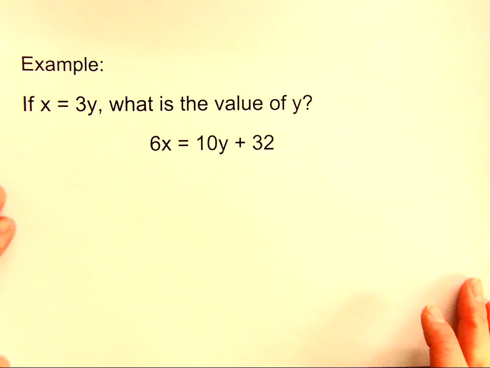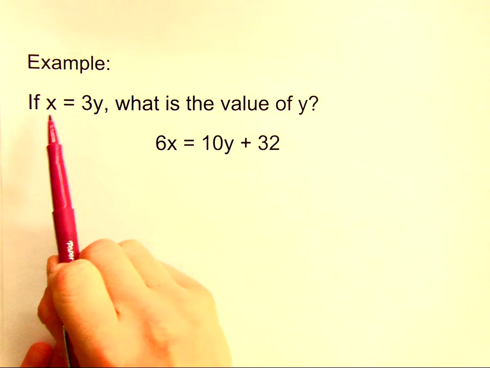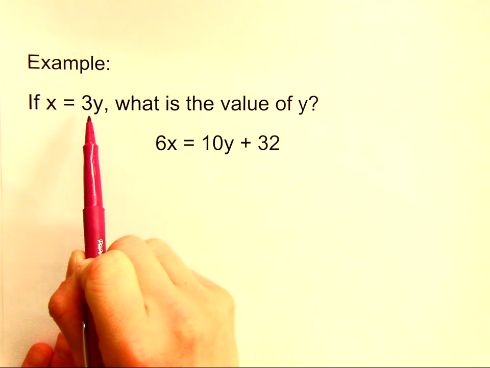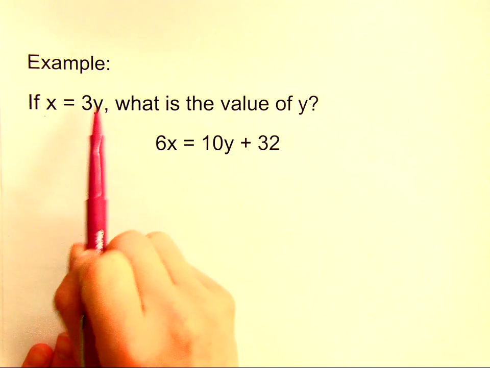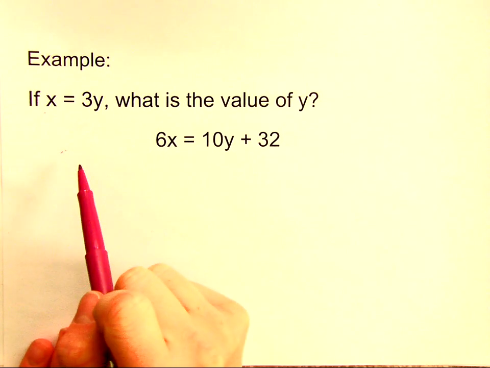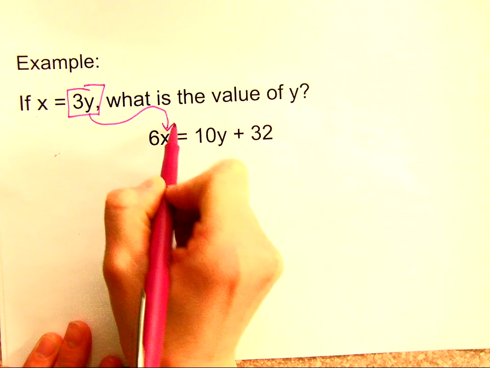Alright, so let's look at another example. Still doing a substitution, but notice now the value I give you, x is not equal to 3, x is equal to 3y. So my variable is equal to some sort of relation to my other variable. This is still going to allow us to solve it though. So this 3y all has to go in for my x.